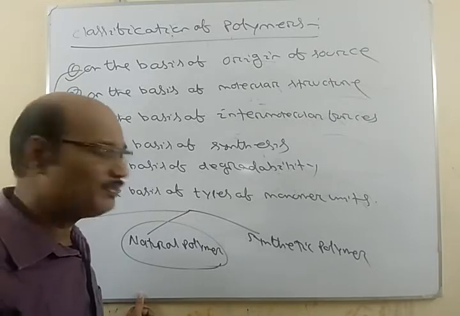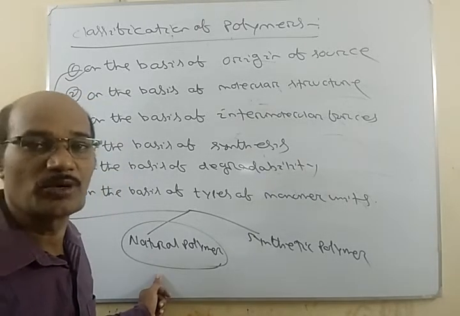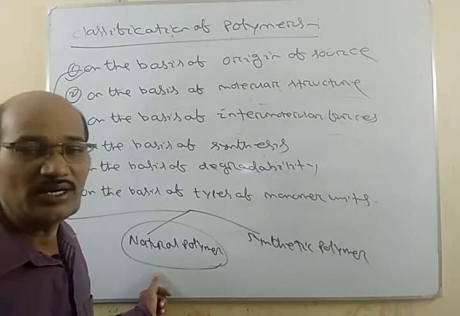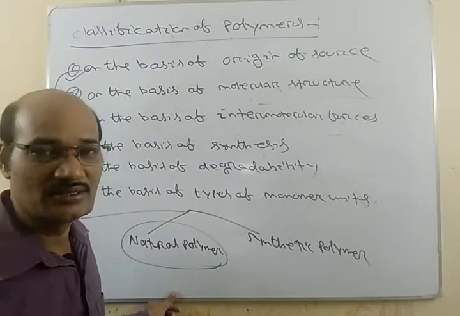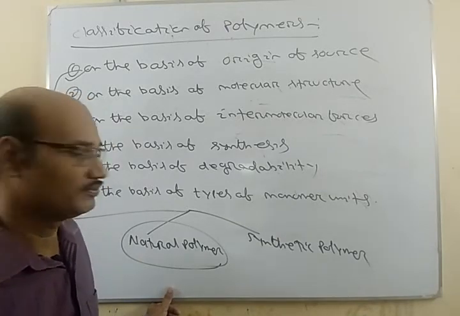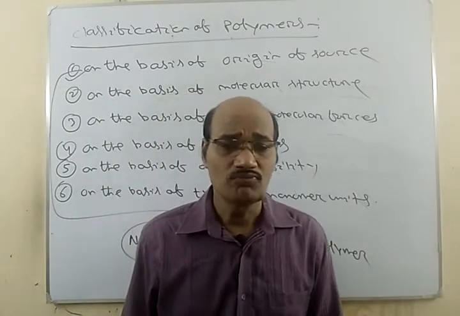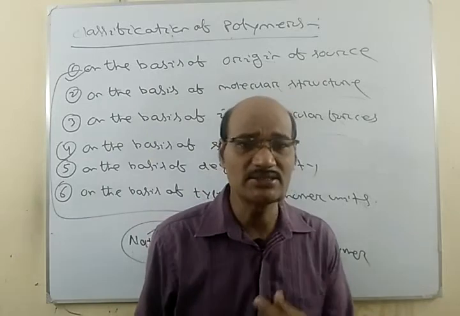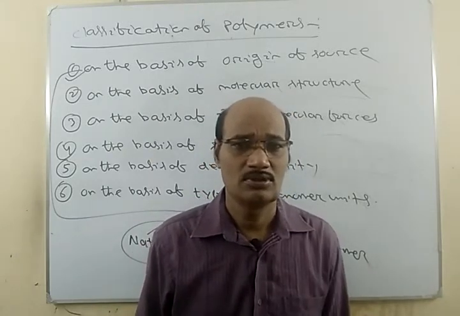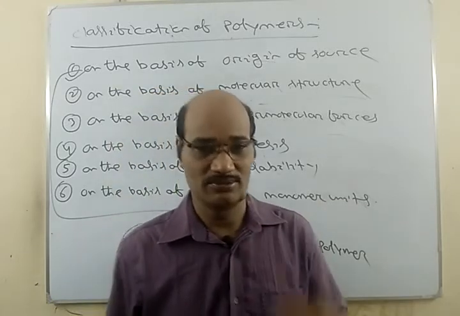So for example, the natural rubber from the rubber tree is a natural polymer. Cotton, silk are natural polymers. And when we think about proteins, nucleic acids, they are the natural polymers of the animal kingdom.